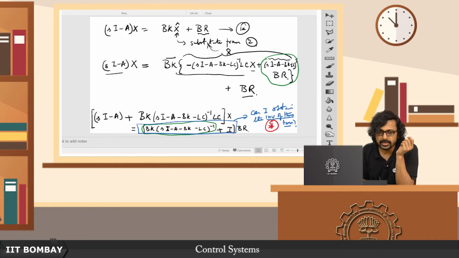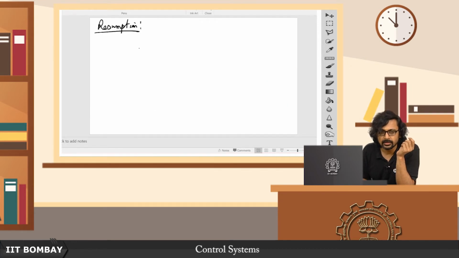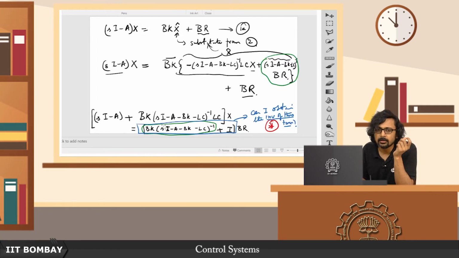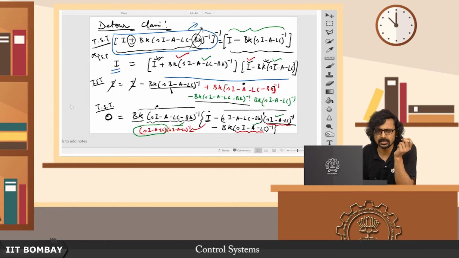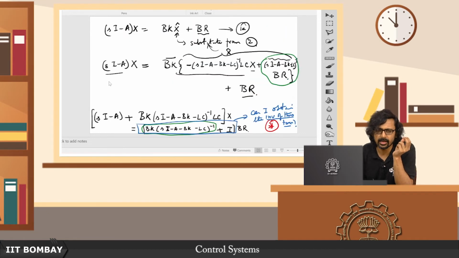So what we are doing is basically we are saying that Si minus A, plus, let me again do a small bit of a trick here. Si minus A minus Lc, I am going to just add Lc and subtract Lc from this, and it will be clear in a while why I am doing this.